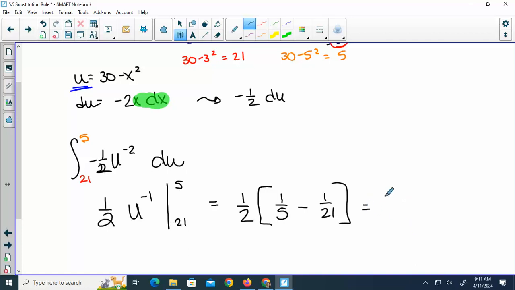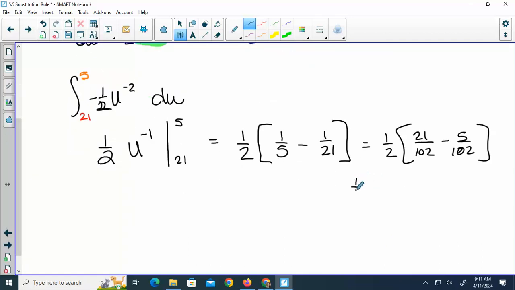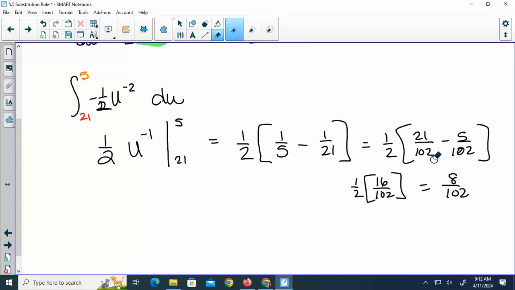We can work that out with a common denominator. 5 times 21 is 105. This one gets a 5 on top and bottom. Minus 5 is 16 over 105. Times a half would be 8 over 105.